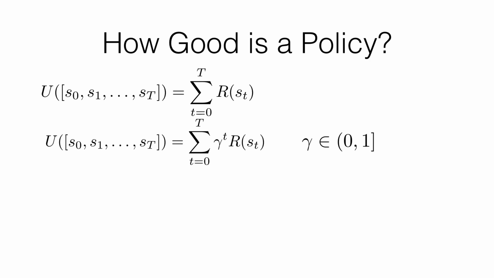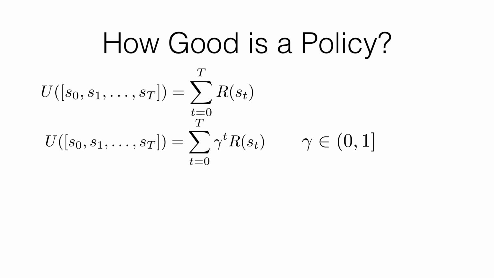State 0, S0, is the current state, S1 is the next state, S2 is the state after that. So St is t steps in the future. In some sense, what this does is it makes you a little bit greedy about making a decision that helps you immediately versus planning ahead and trying to make a decision that's going to reward you farther down the road.